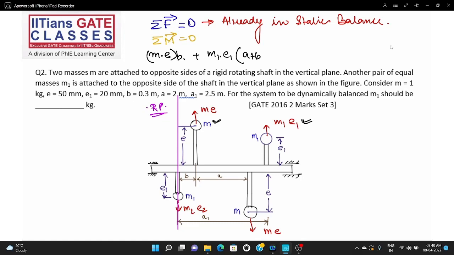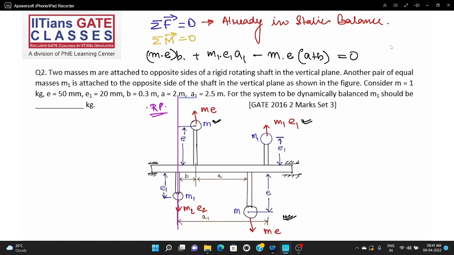Sorry, it's not A plus B, it is equal to A1. And you have minus because this will be clockwise movement. This is creating a clockwise movement. M into E into A plus B, equal to 0. You can see A plus B equal to 0.